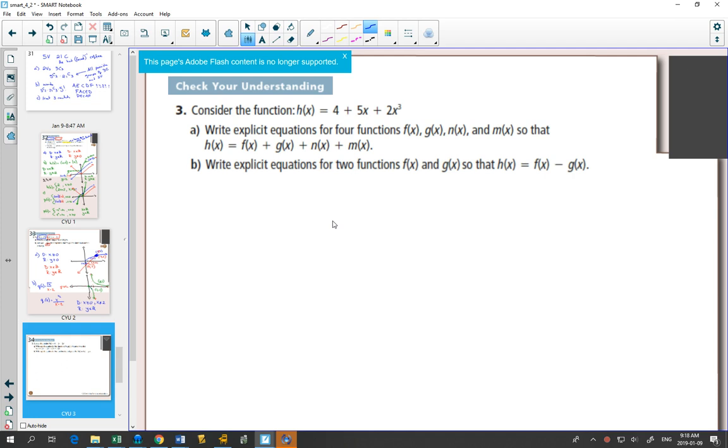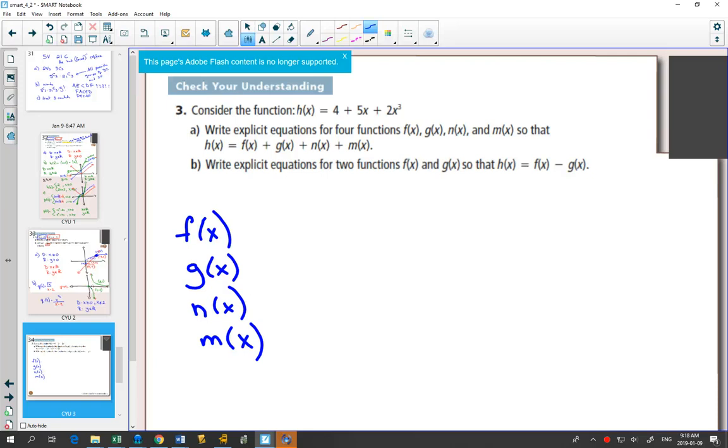But in A, you've got the function h of x equals 4 plus 5x plus 2x cubed. And you need to make new functions f of x, g of x, n of x, and m of x. So when they get added together, they make h of x.